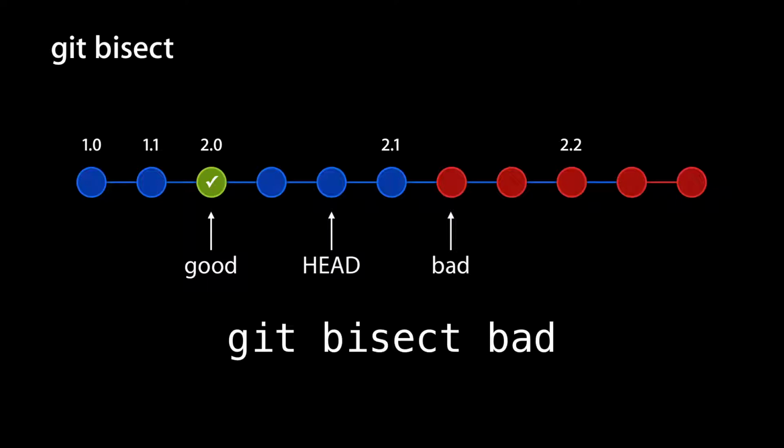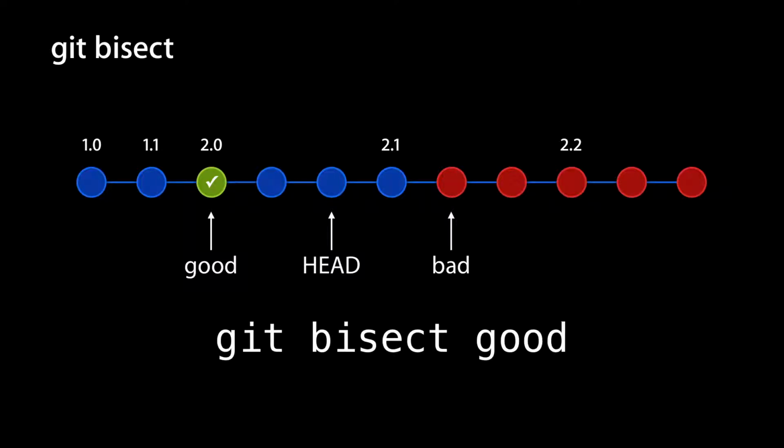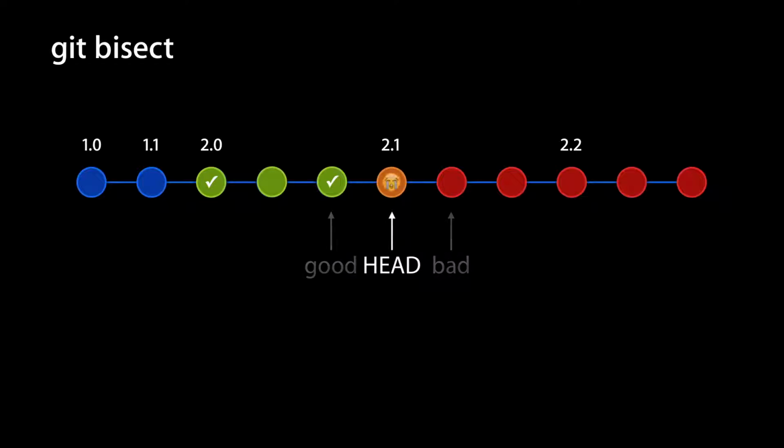And this is where you visualize the binary searching. Then you run your tests again on that new midpoint revision, and give Git the answer of what the results were. Okay, here it was good, right? So now it takes all the commits on the right and checks out the new midpoint revision. So you're just honing in on this, and pretty quickly you get to the point where, okay, it looks like that bug was introduced at this revision.